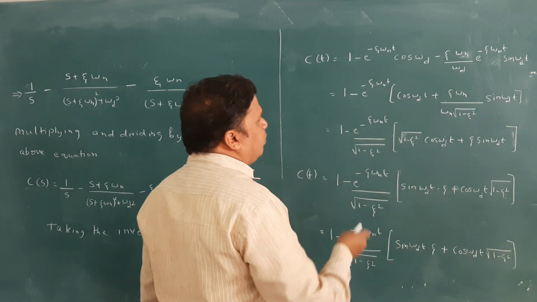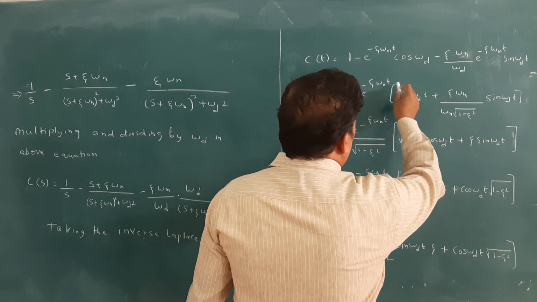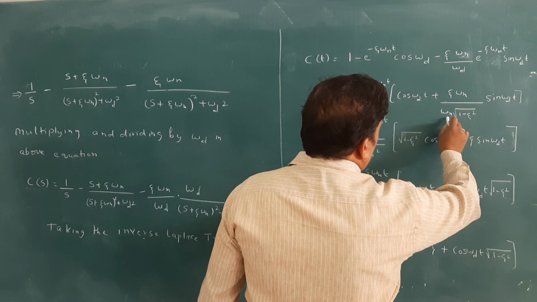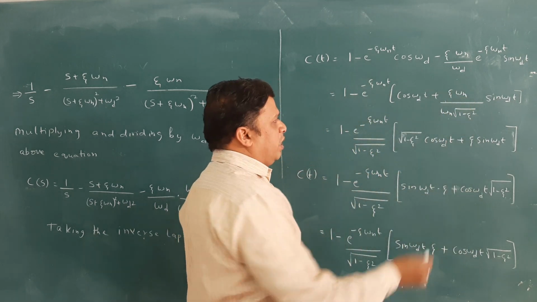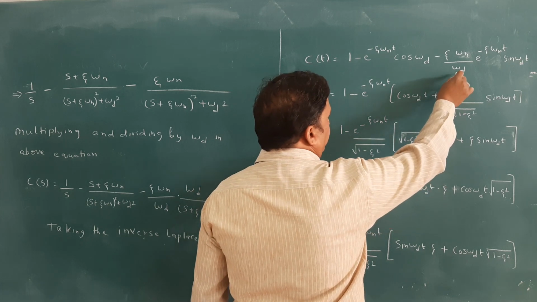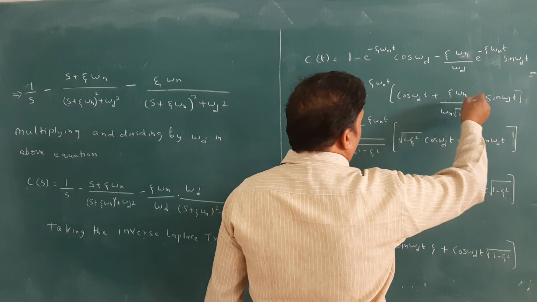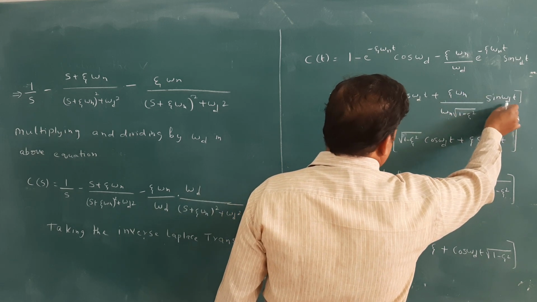Next, you will see this common, taking it out and writing cos omega d t plus zeta omega n by omega d, and in the place of omega d you can write omega n into square root of 1 minus zeta square, by just expanding this omega d. And you can see omega n gets cancelled. Now you can also cancel this omega n. This is sin omega d t.